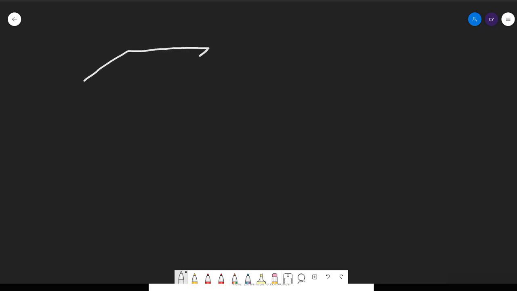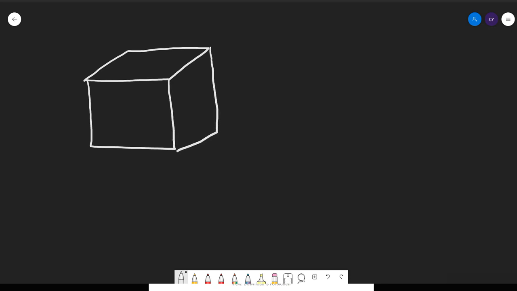For example, please follow me to write down the BCC structure. Actually, we call this an FCC structure. You may use a red color. Okay, we use another color like this.